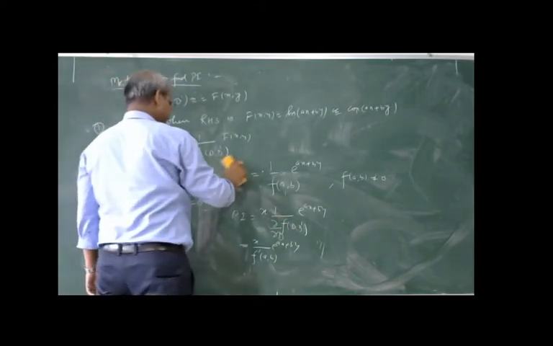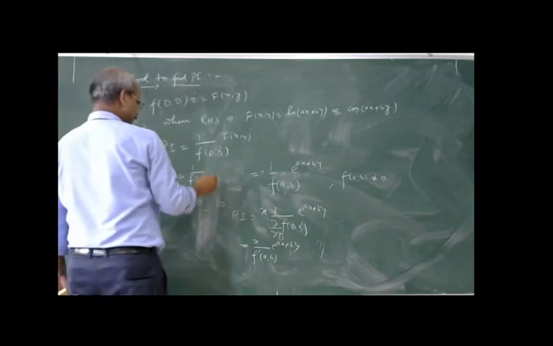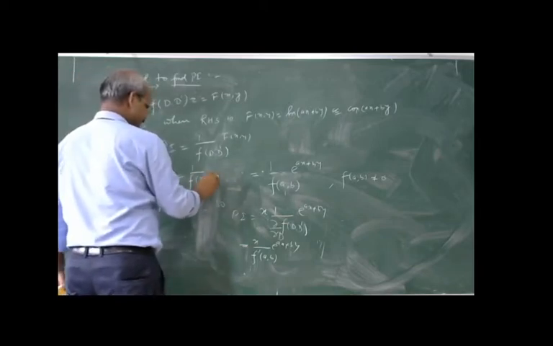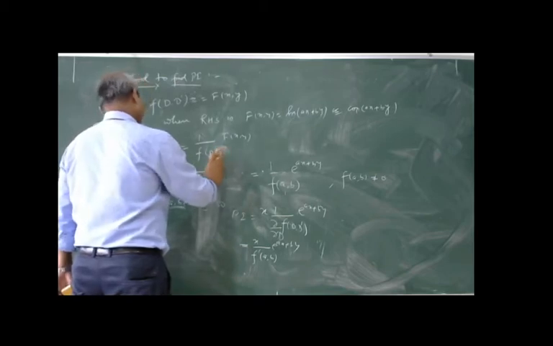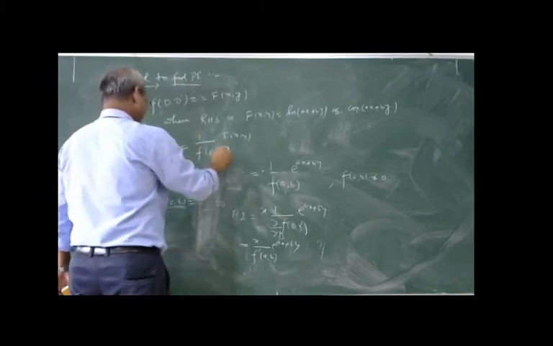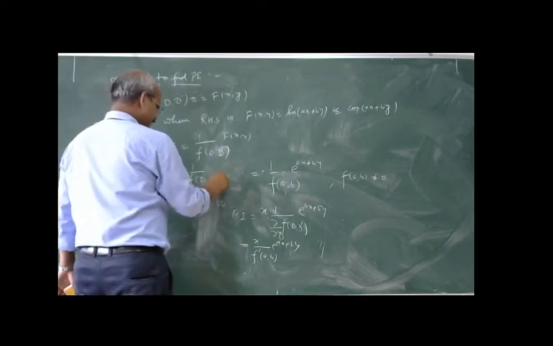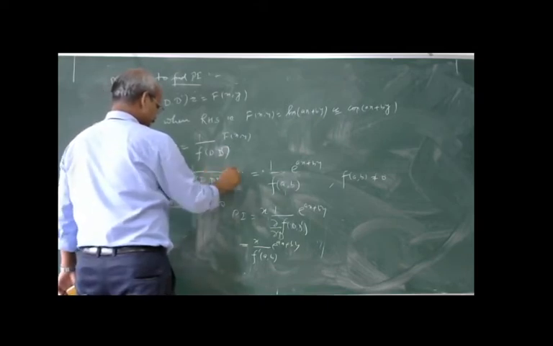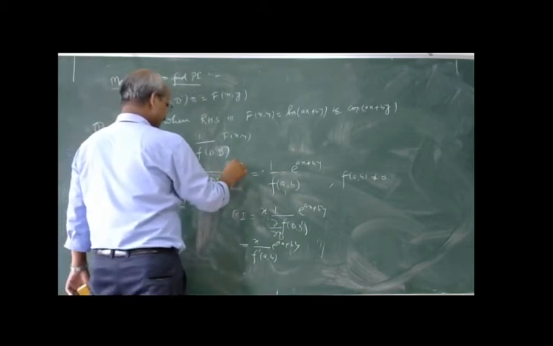So the particular integral is equal to this. This is the function of D square, D D dash, D dash square, 1 upon f of D square, D D dash, D dash square times sin ax plus by.